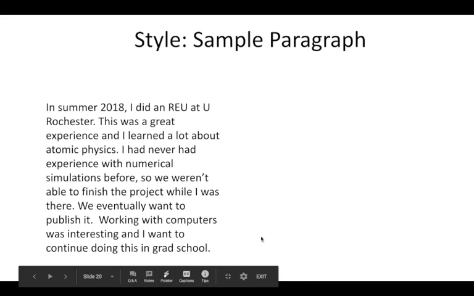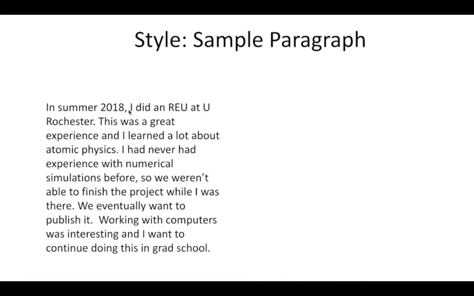Okay, so let's give credit where it's due. There's a few things that this paragraph starts to do right, where we learn at least where they did the research. We can indirectly glean that they were working on something related to atomic physics, and it was presumably a theoretical or computational project because numerical simulations are mentioned.